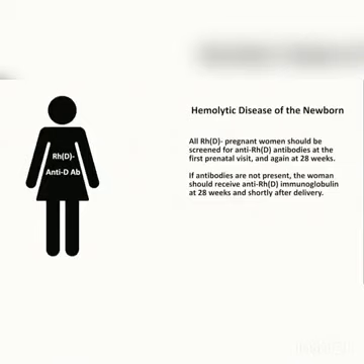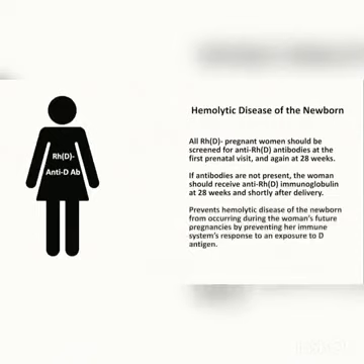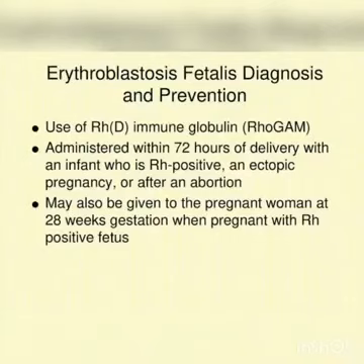This will develop a passive immunity and prevents the formation of anti-D antibodies in the mother's blood by destroying the Rh positive fetal RBC before the mother's immune system is sensitized. This has to be done whenever the woman attains pregnancy. So this is the way to control erythroblastosis fetalis.